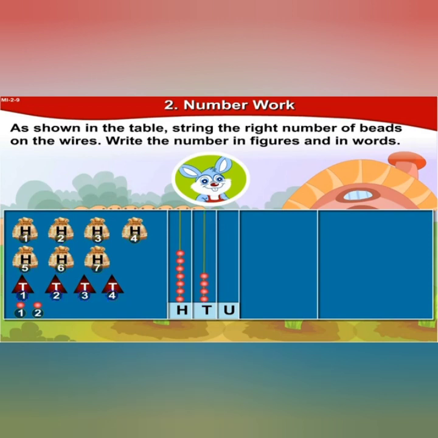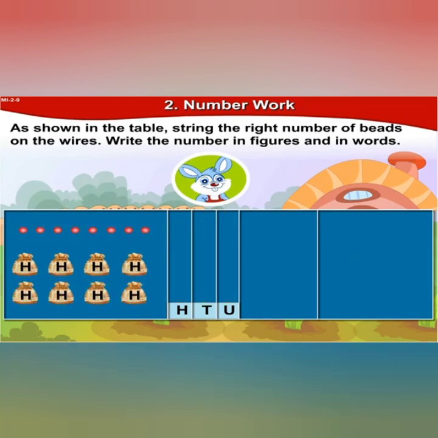At the tens wire, 4 beads. At the units wire, 2 beads. Which means it is 7 hundreds, 4 tens and 2 units. So in figure, it is 742 and in words, it is 742.